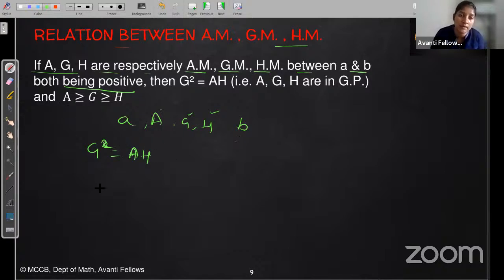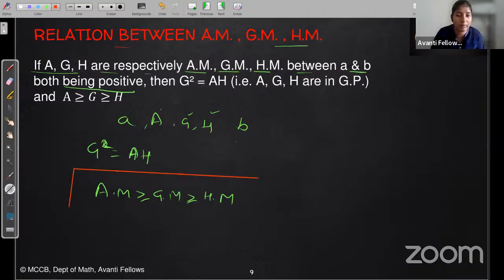The arithmetic mean is always greater than or equal to the geometric mean, and that will always be greater than or equal to the harmonic mean. Just remember this. It's an important relation, and we will make use of it in the upcoming problems.